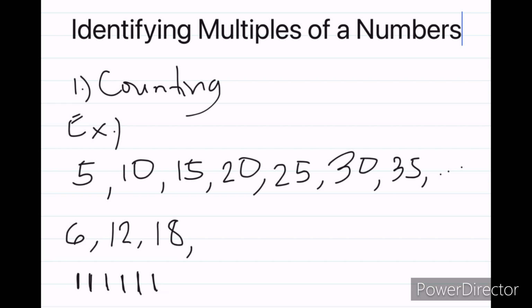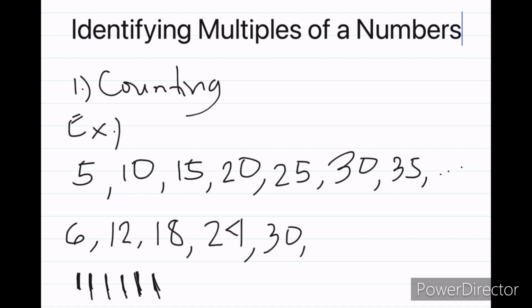Next, count again 6 from 18: 19, 20, 21, 22, 23, 24. Next, count again 6 from 24: 25, 26, 27, 28, 29, 30.